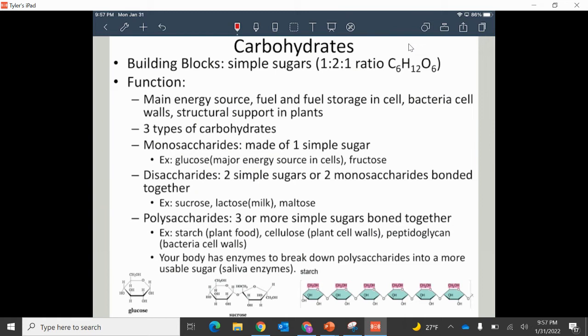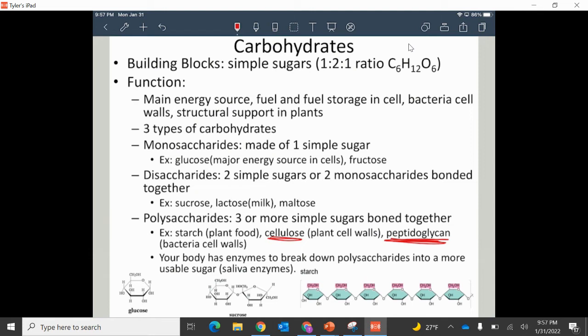Our body has enzymes to break things down oftentimes, but I want to highlight a couple things here. This peptidoglycan layer is going to become a big deal when we talk about cell walls, so make sure that you key in on that a little bit. In cellulose plant cell walls, we're going to read an article on making ethanol out of some different types of plant materials.